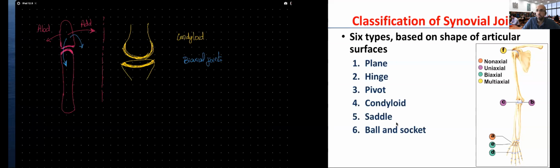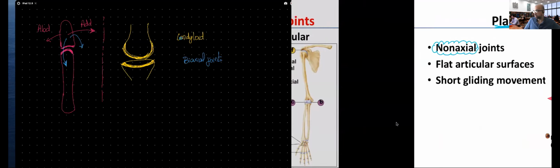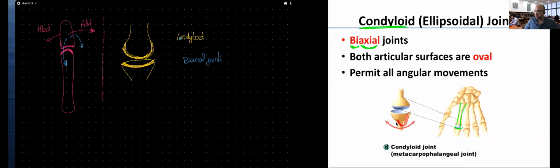Any of them is going to be a good name for this type of joint. So you might use condyloid or ellipsoid joints. Those are interchangeable. They won't make any difference. All right, so you can use any of them.